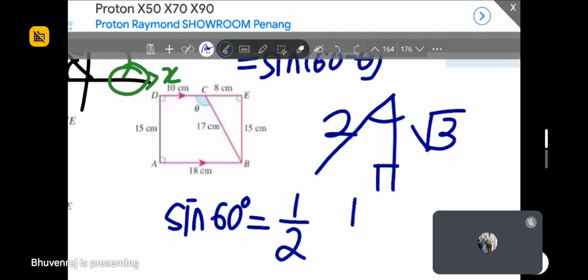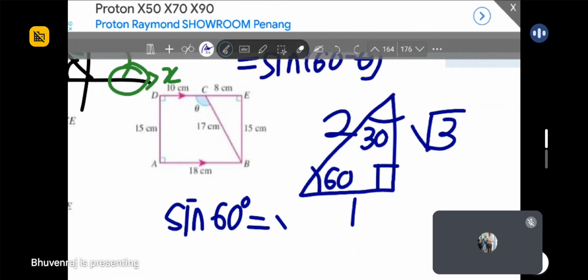So your 60 degrees should be here, and 30 should be here. So sine 60, you should have root 3 over 2, opposite over hypotenuse. If you get confused with the triangle, don't hesitate to press your calculator. Tekan calculator saja.